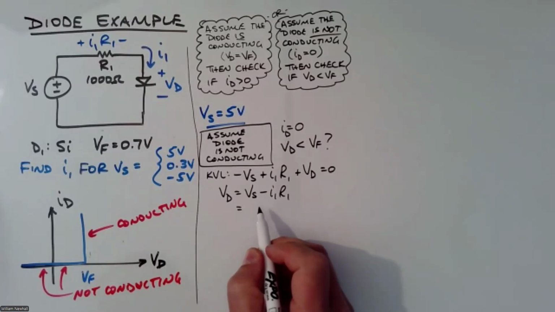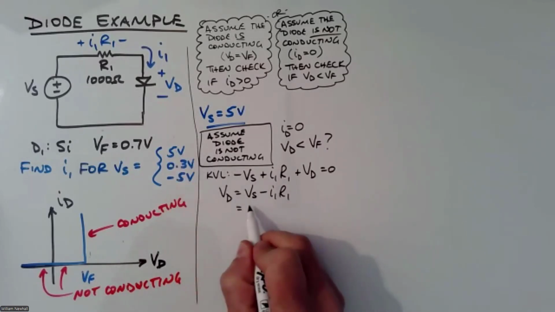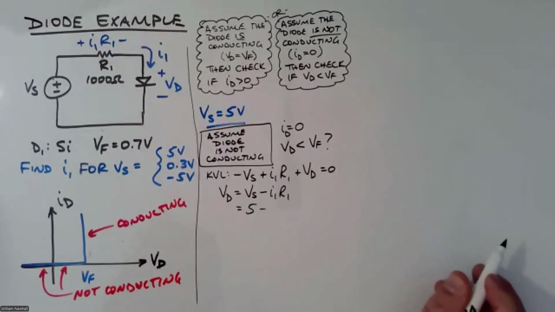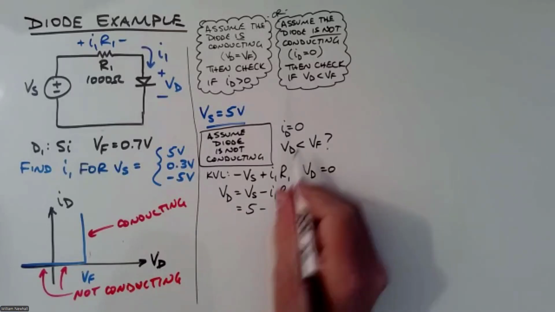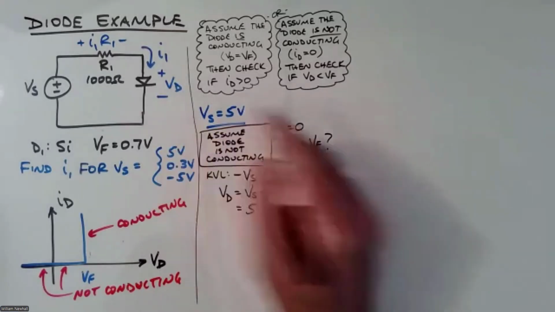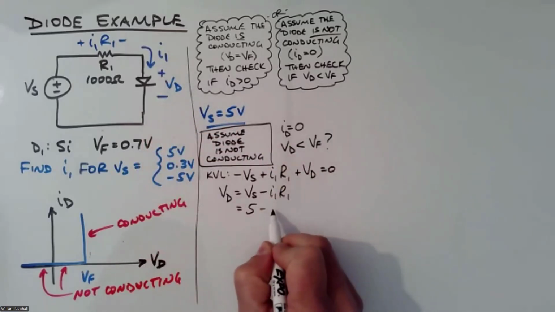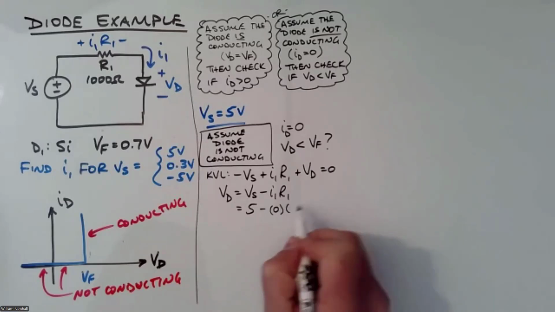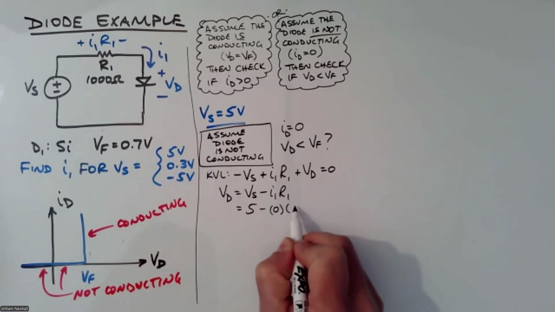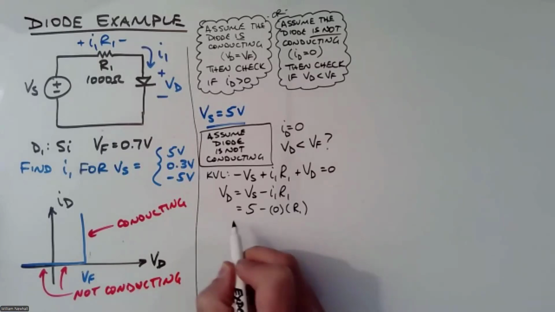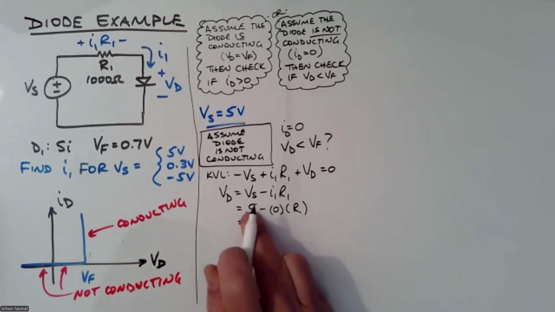So that would equal, in this case, Vs is 5 volts minus I1. We're assuming I1 equals ID in this case, right? I1 is equal to ID, which is 0, times R1. It doesn't matter what R1 is, it's 1,000 ohms, but it doesn't matter because this is equal to 5 volts.